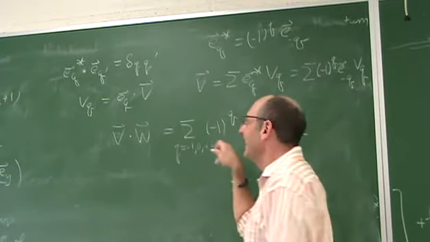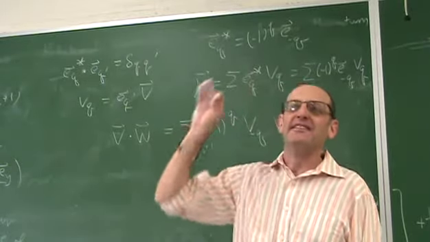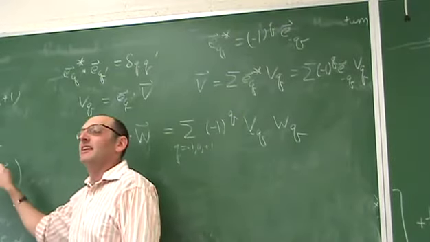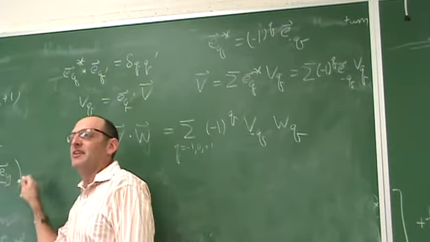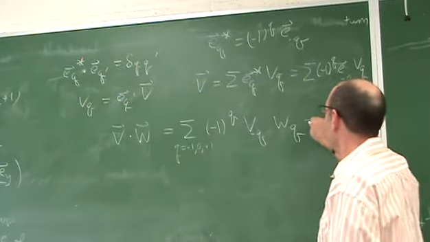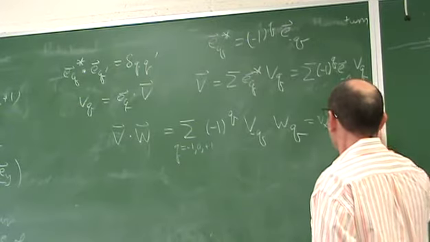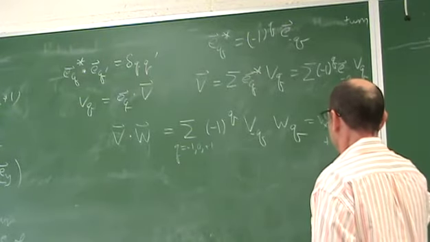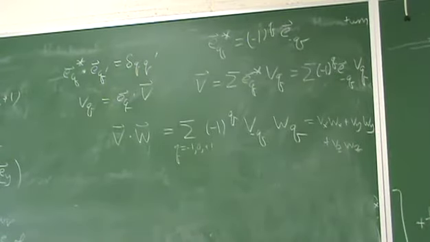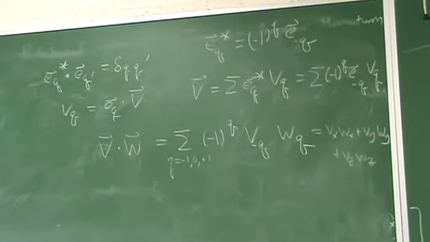So if you plugged in, for example, v_0 is vz, and v_{±1} is minus or plus vx plus or minus i vy over root 2, and plugged all that in, you would get this is equal to vx wx plus vy wy plus vz wz, etc. Okay, try it out.